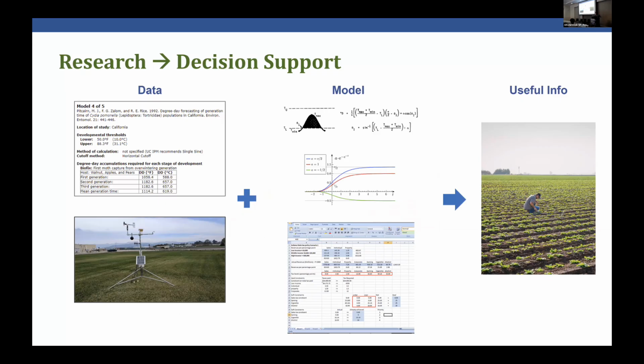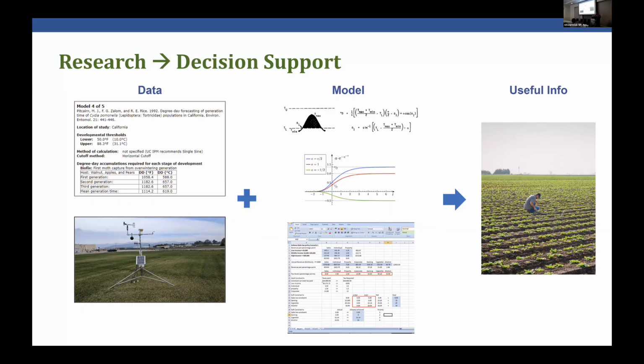But to turn that research and all those hundreds of models that have been developed for the different parts of the system into useful information to the farmer requires some kind of decision support framework, which usually will start with some data, probably some parameters from research, maybe information about the site itself, likely with some recent weather data.